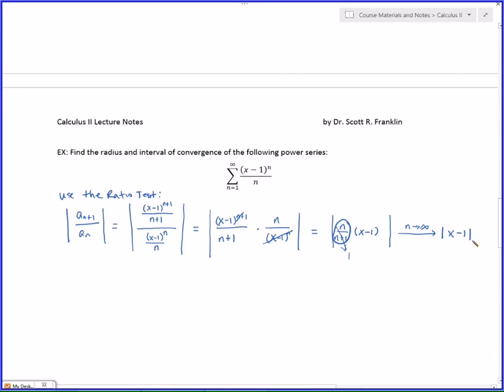All right, so what has to be true for this to converge? This is the L from your ratio test, right? It has to be less than 1 to converge. So you set this less than 1. Okay? From the ratio test.